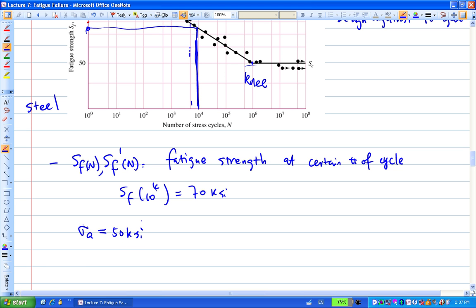Is that okay? Then the question is, what will be the safety factor for design for 10 to the power 4? It has to be specific. So how would you calculate?